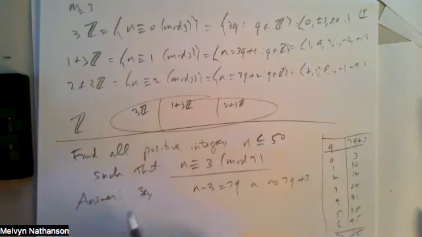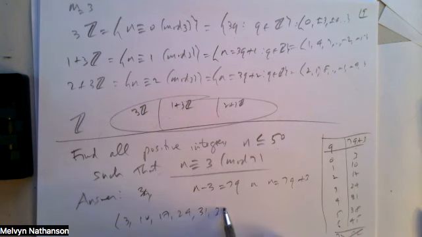So the answer is the set of numbers 3, 10, 17, 24, 31, 38, and 45. Each of these numbers, if I subtract 3, is divisible by 7. So that's the set of numbers up to 50 congruent to 3 mod 7.